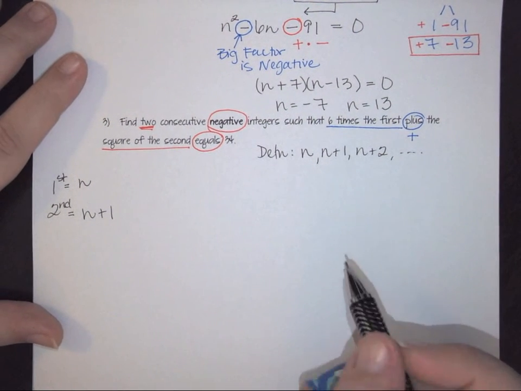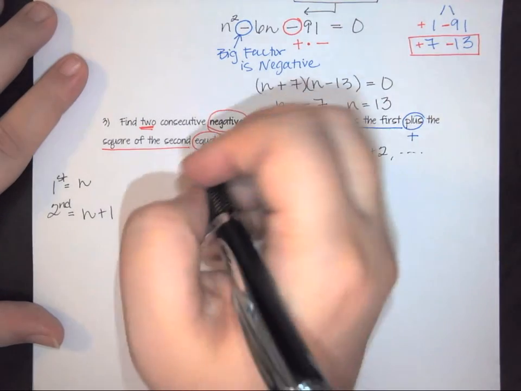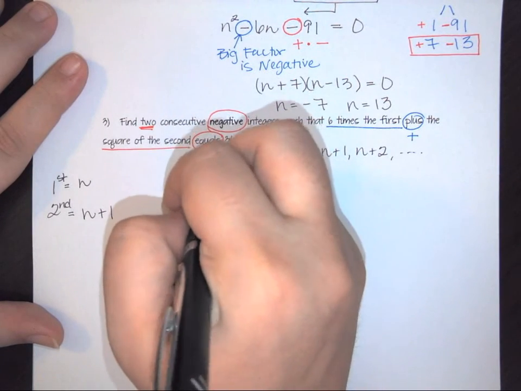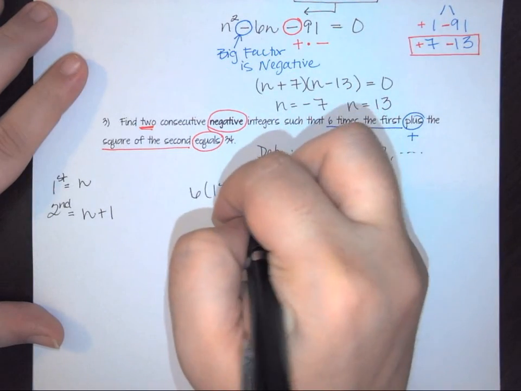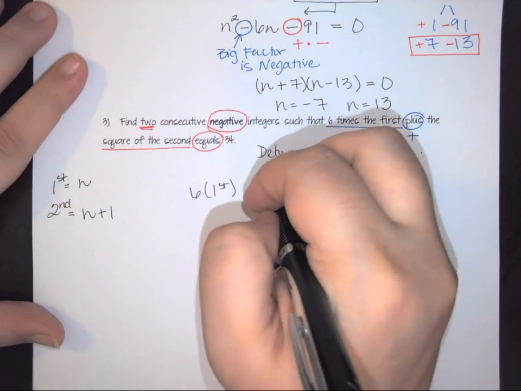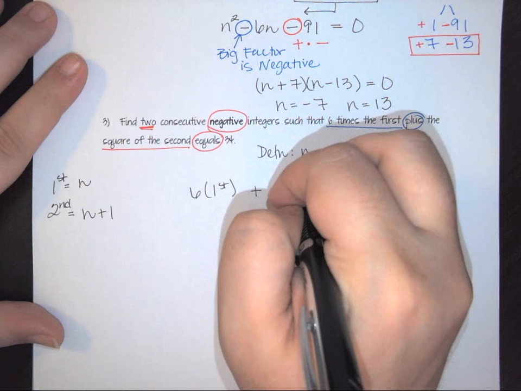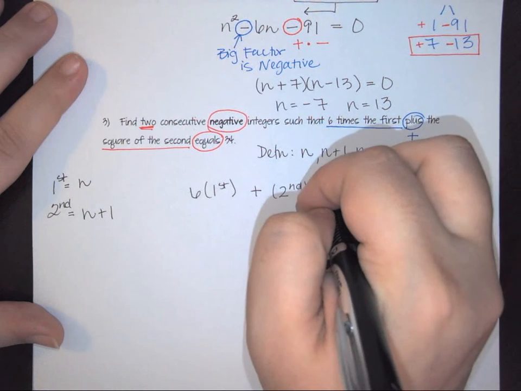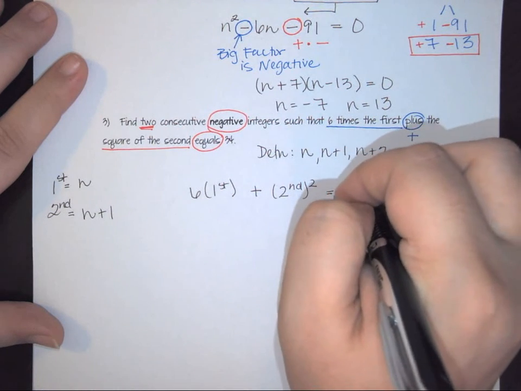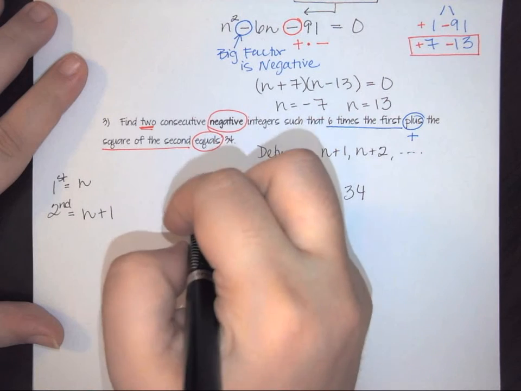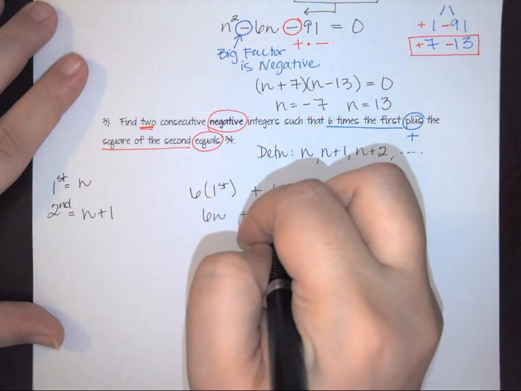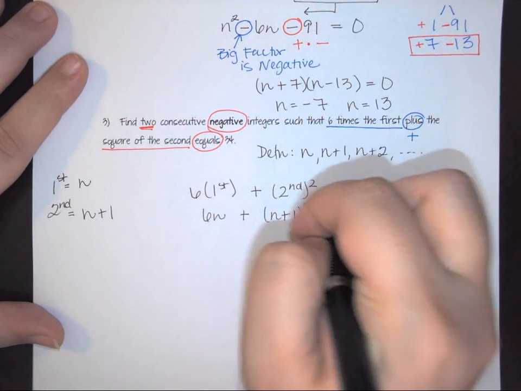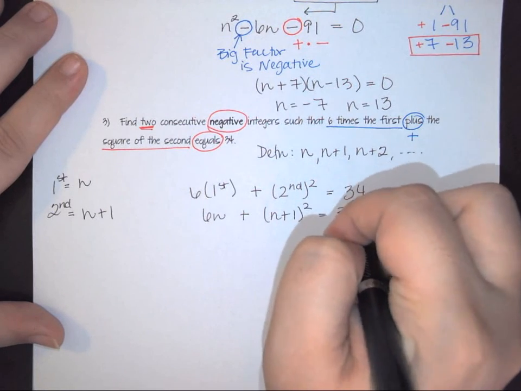And so here I can now put it together. So 6 times the first, so 6 times my first, plus the square of the second, so this is the second squared, is equal to 34. Input what I know, 6n plus n plus 1 squared equals 34.